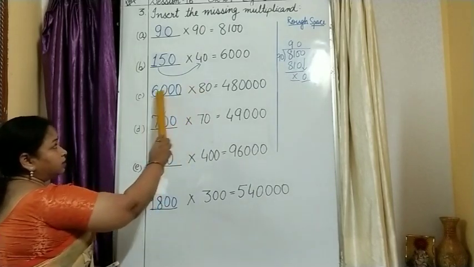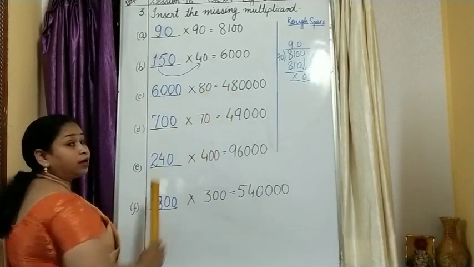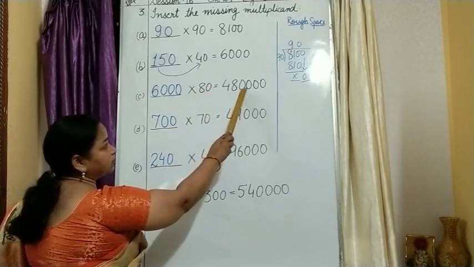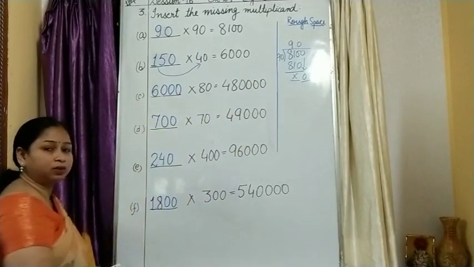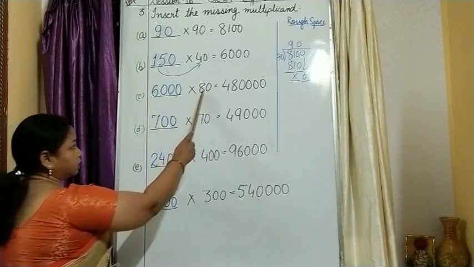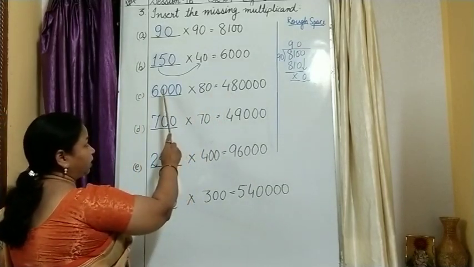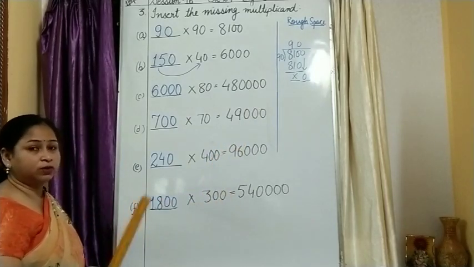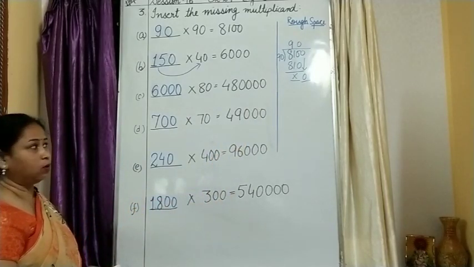Okay, 8 6s are 48. And then how many zeros, children? 1 zero is already here. How many zeros missing? 3 zeros. So place these 3 zeros. Want to cross check? You can do it. 6 8s are 48. 1 2 3 4. Okay, vice versa, you can cross check your answer also.